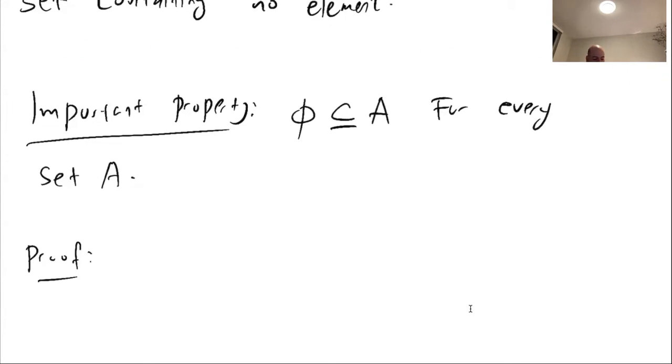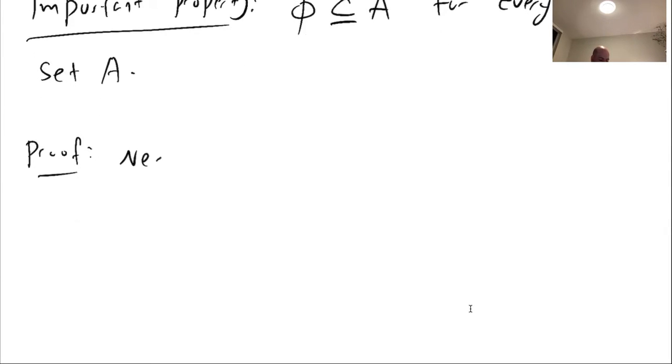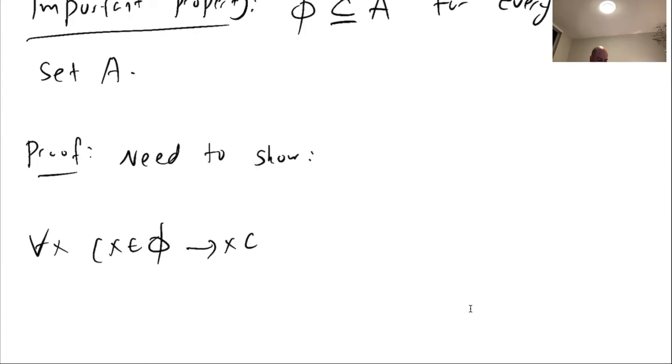What is the definition of subset? When do we say that a set is a subset of another set? If for every x that belongs to the first set, it implies that x belongs to the second set. So we need to show that for every x belongs to phi, it implies that x belongs to A.